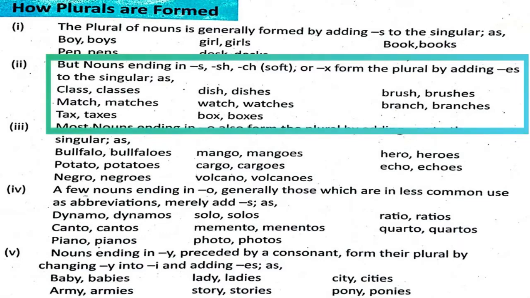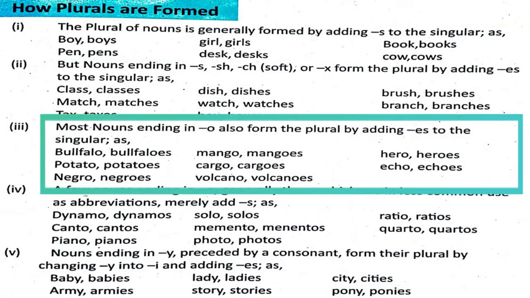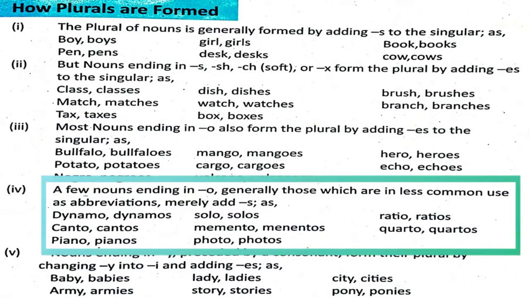Dear students, for nouns which end with o, you can add es in order to make them plural. For example, buffalo ends with o, you can add es, so it becomes buffaloes. Mango, mangoes. Hero, heroes, etc. But you need to keep one thing in mind, that some nouns which end with o are exceptions.